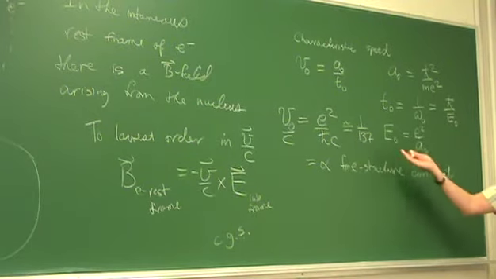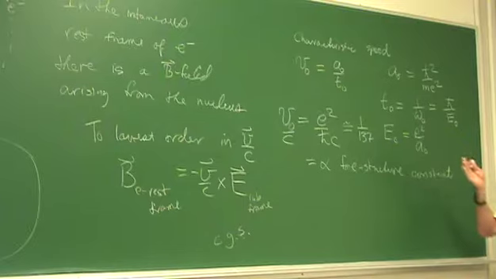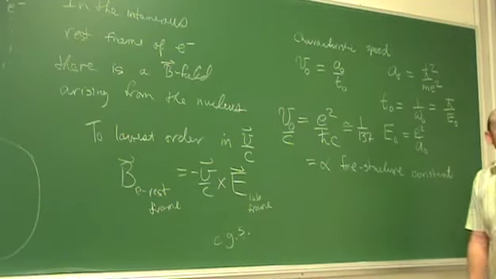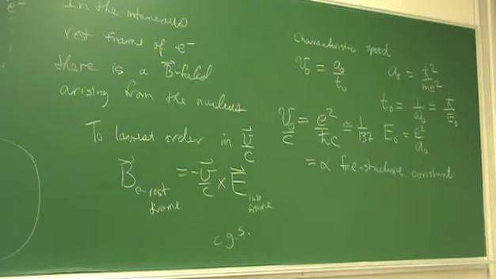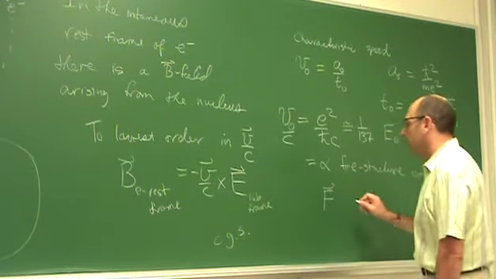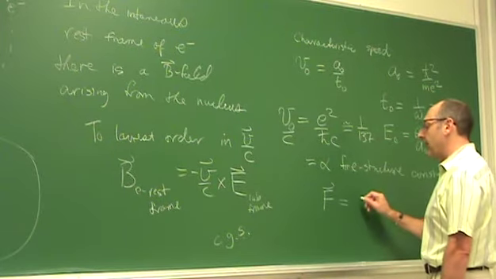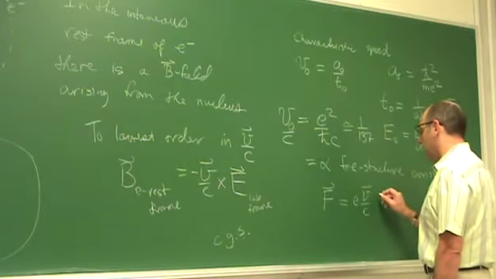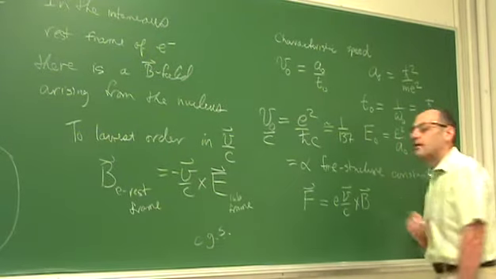So although relativistic effects are not big, they're not completely negligible, and we should think about them. Well, how big do we expect the effects to be? Of course, the force depends on the Lorentz force.